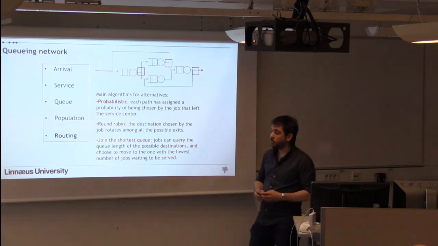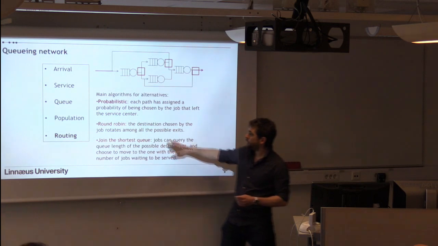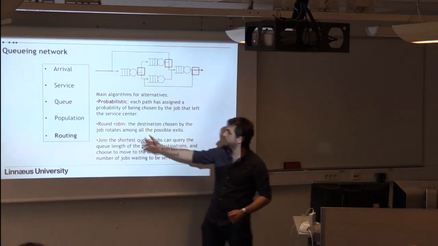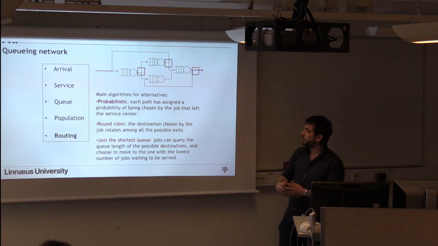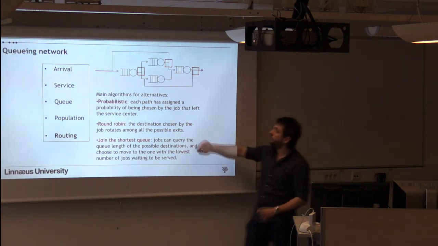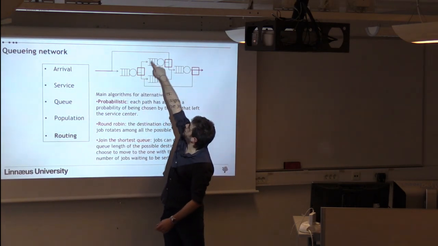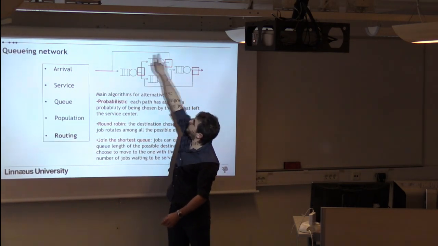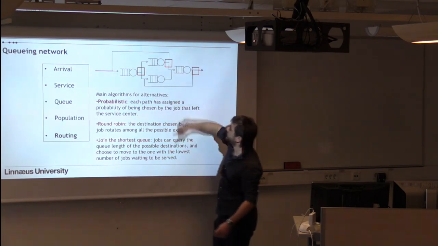Policies or algorithms to implement the routing. We're going to explain three, and we will use mainly one. So probabilistic: each path has assigned a probability of being chosen. So this was the example before. From here we can go up or down, and from here we can go back or to the right. These are the decision points.